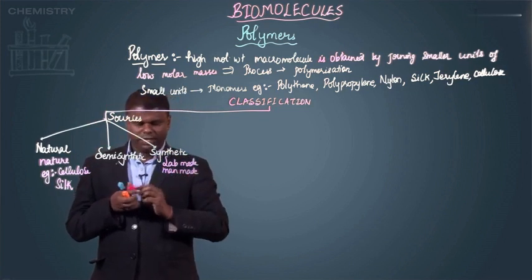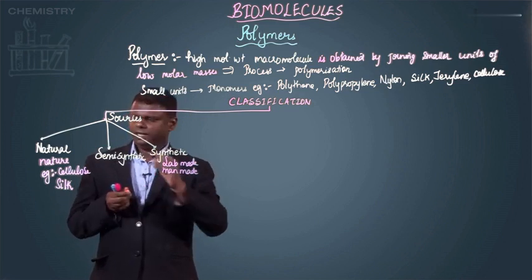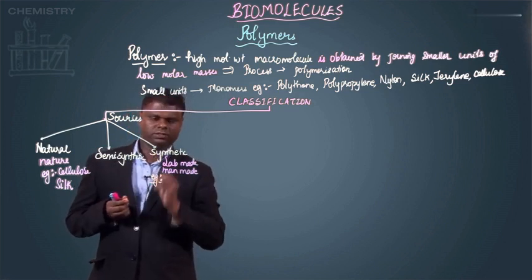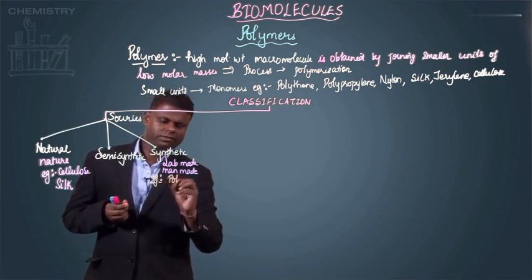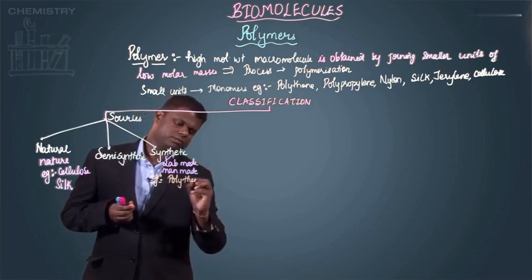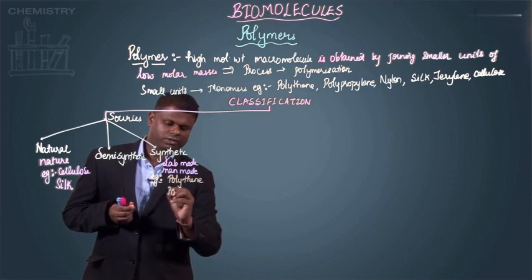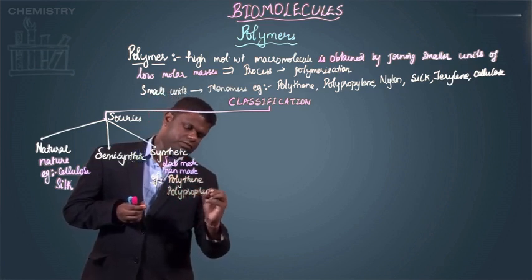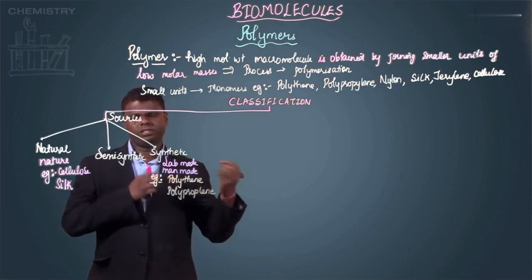Common examples of synthetic polymers are polythene, polypropylene, and all other synthetic polymers.